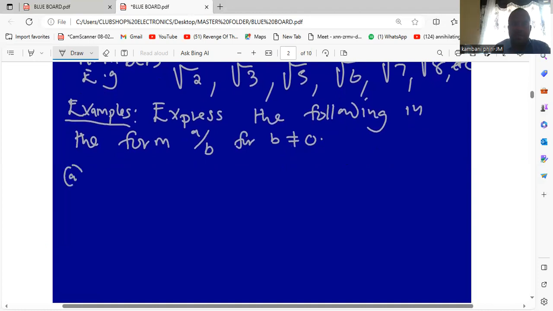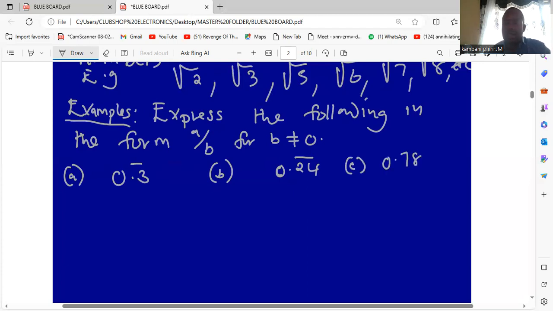The first one is 0.3 with a bar. The second one is 0.24 with a bar. And the third one is 0.785, the bar starting from the 7.